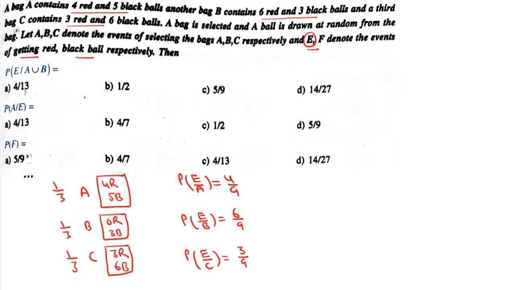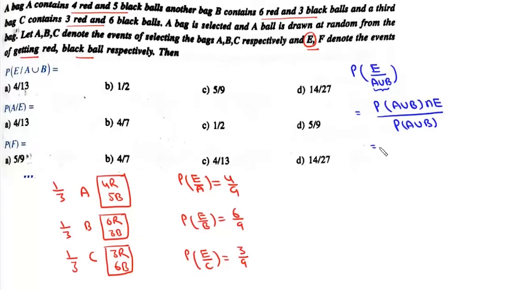Now the first question is, we need to find the probability of E given A union B. Now the probability of E given A union B is the probability of getting a red ball if it is either A or B. Now we can write this as the probability of A union B intersection E upon the probability of A union B. Now choosing A and B are mutually exclusive events.